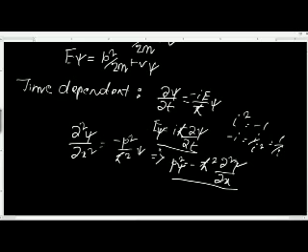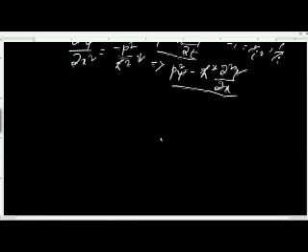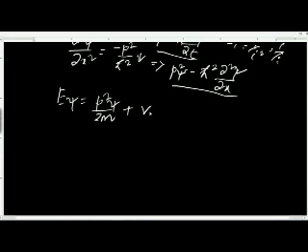Now we actually want to replace these. What was my expression? My expression was E psi is equal to p square divided by twice m psi plus V into psi, right? Now what is my E?